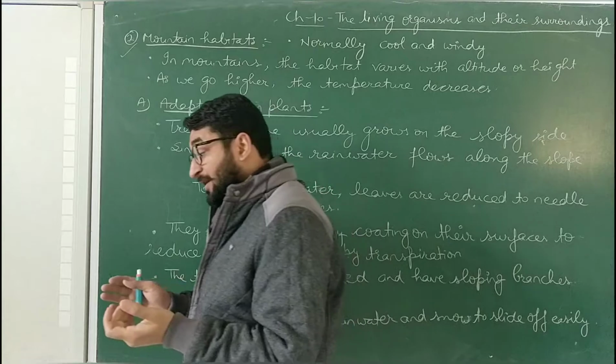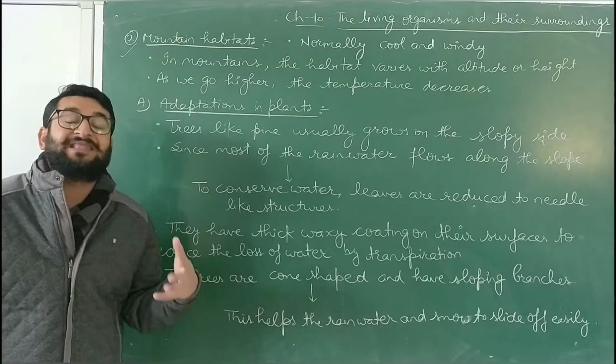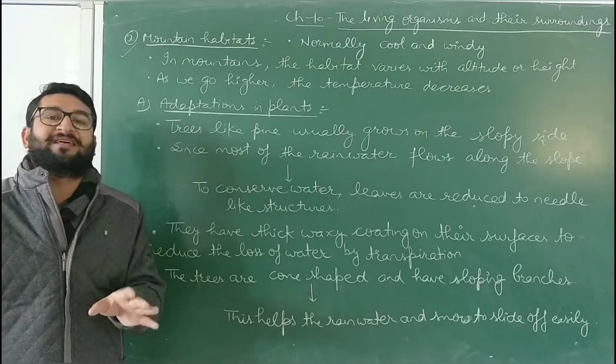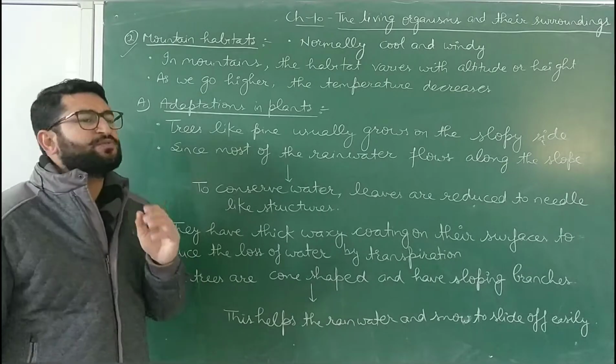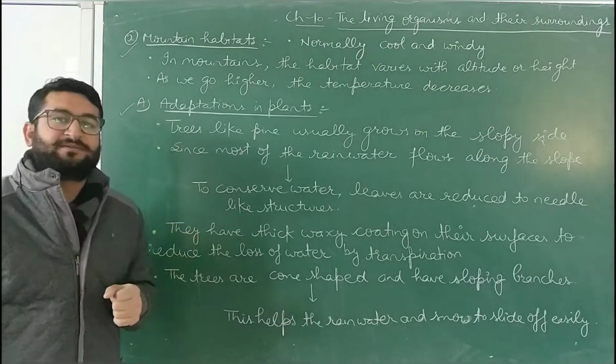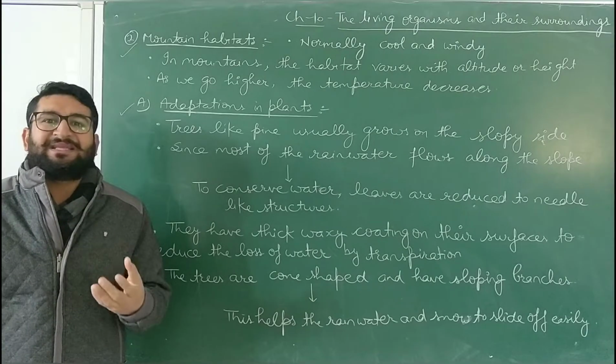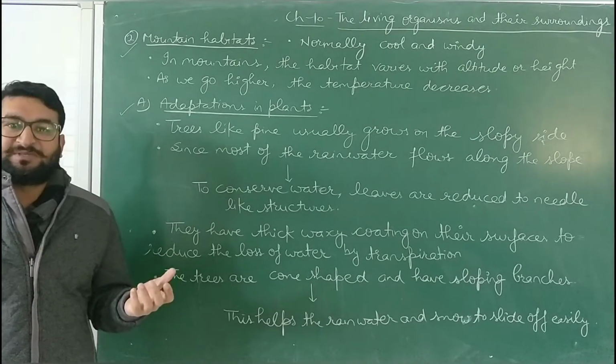So due to that, only a variety of plants which can sustain in that particular habitat are found there. First we will discuss the adaptations in plants. Multiple plants like sal, teak, pine are found in those mountain habitats.